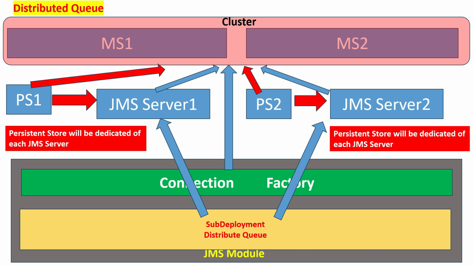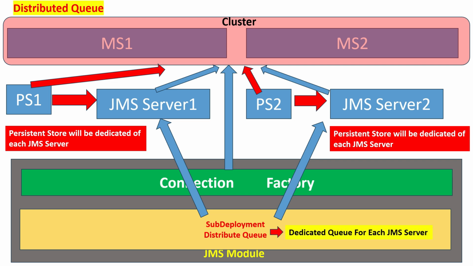One thing you have to make sure of is that the persistent store will be dedicated to each JMS server. Even though we are targeting the distributed queue to the cluster or to multiple JMS servers, when we configure the persistent store, we define a dedicated persistent store for each and every JMS server. That means even though it is a single distributed queue, the persistent store for each JMS server is separate.